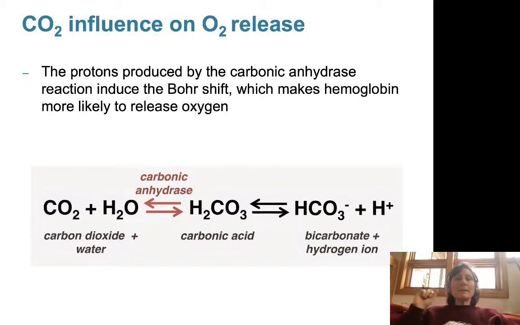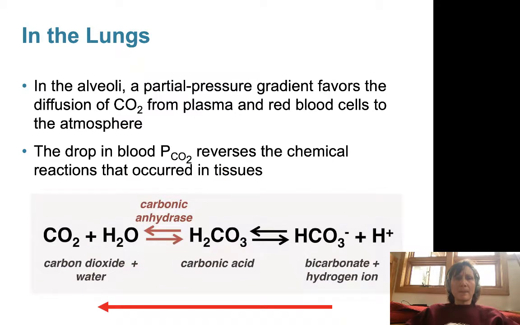What then happens is a signal goes to the brain, which sends a signal to the respiratory system to start increasing respiration rate, because it senses an increase in carbon dioxide and you need to release that carbon dioxide, right? So these protons are produced that are going to initiate that Bohr shift.